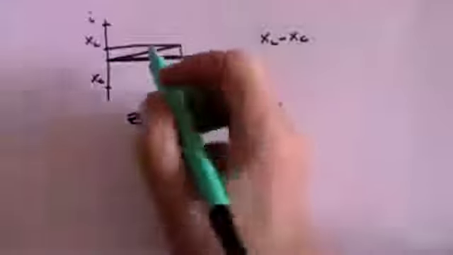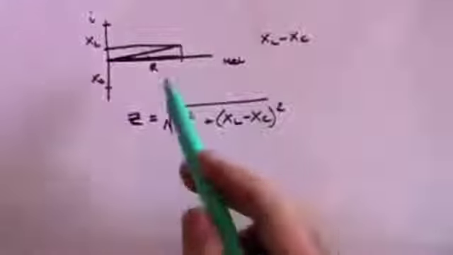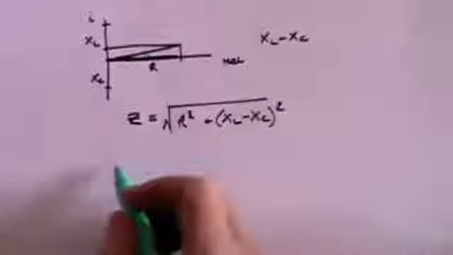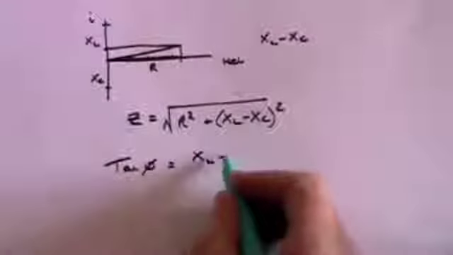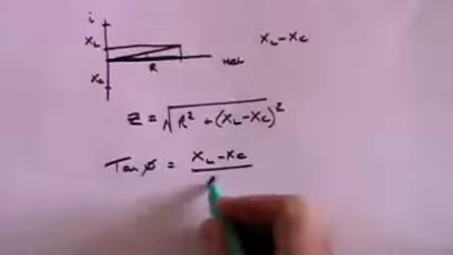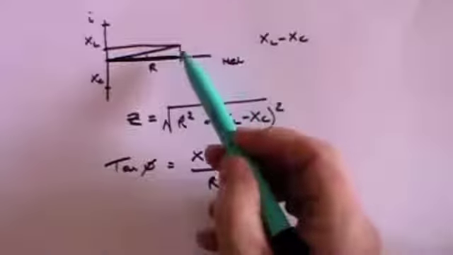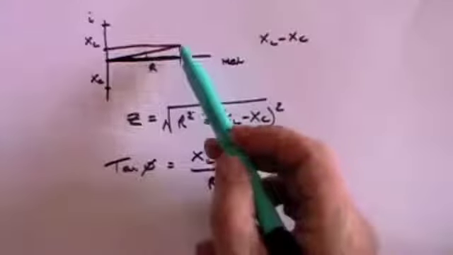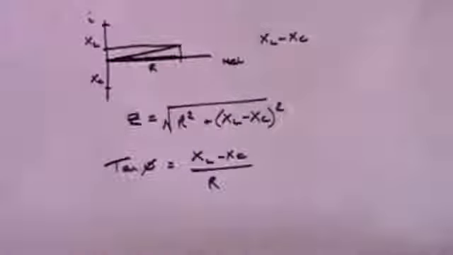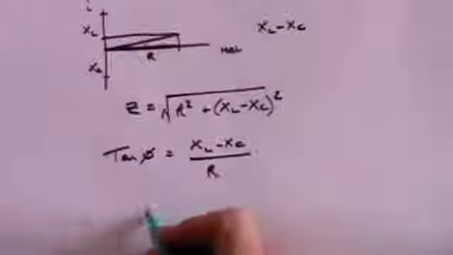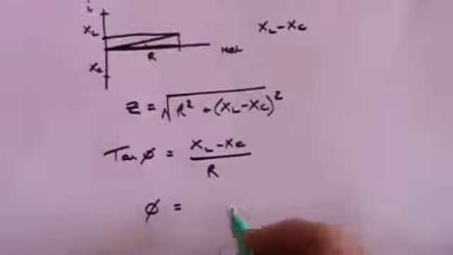And the phase angle, which here is phi, will be given such that tan phi is equal to XL minus XC divided by R, because this value here is XL minus XC and this line here is R. And the angle phi will be the extent to which the voltage lags or leads the current.